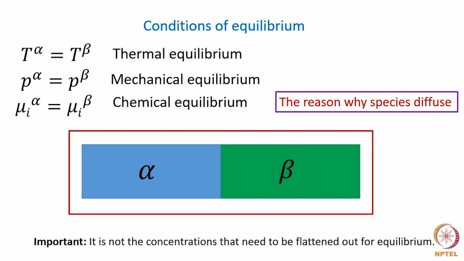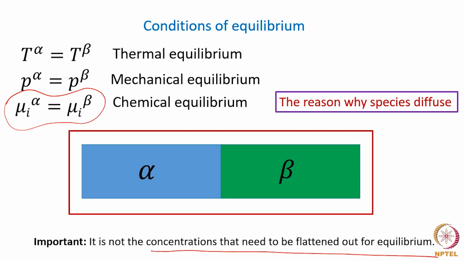From this argument you can already see that the reason why the species diffuse is to ensure that the chemical potentials are equal, which means any gradients in the chemical potential must be evened out, and it is not that the concentrations have to be evened out.